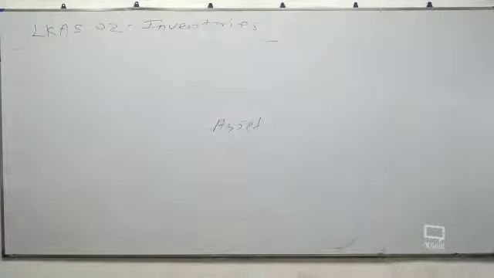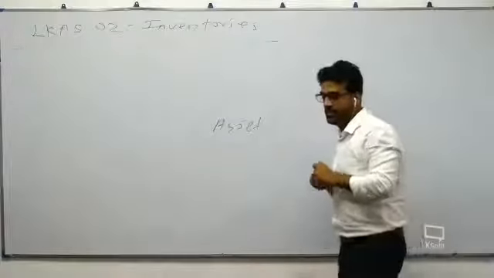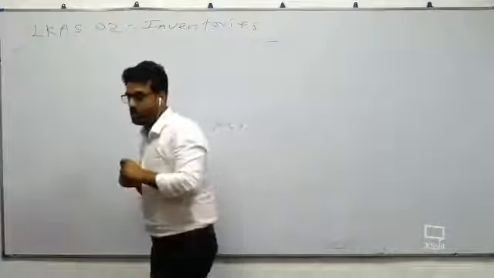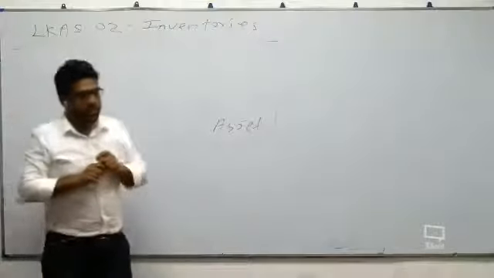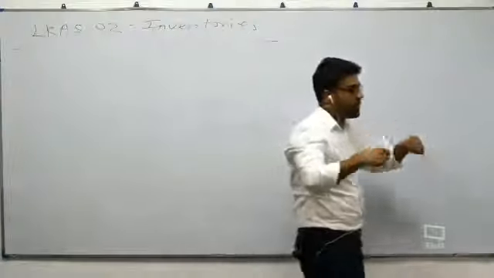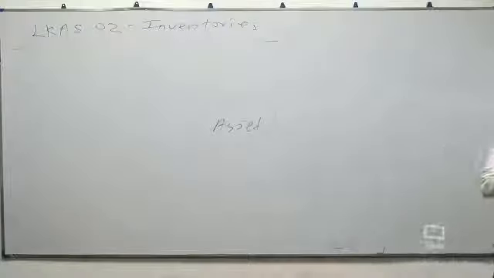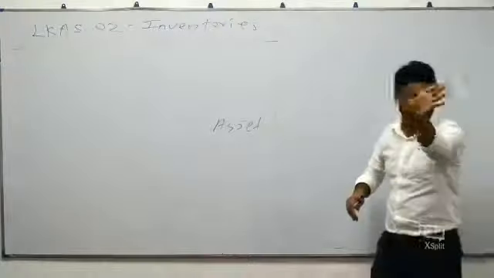Third one, write number 3, general administration expenses, within brackets, office expenses. Normal office expenses you can't add to the inventory.